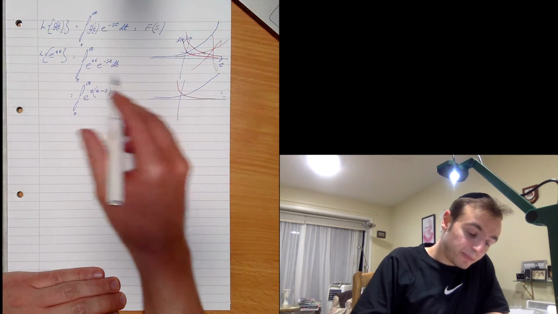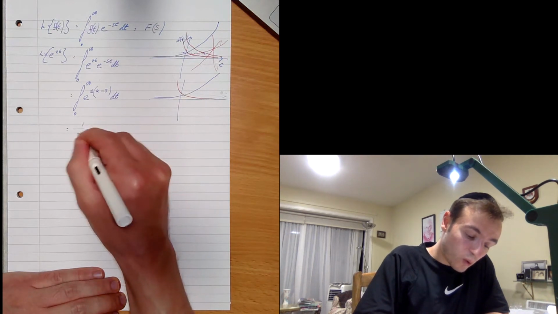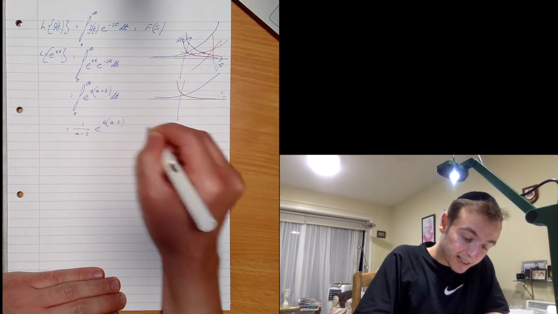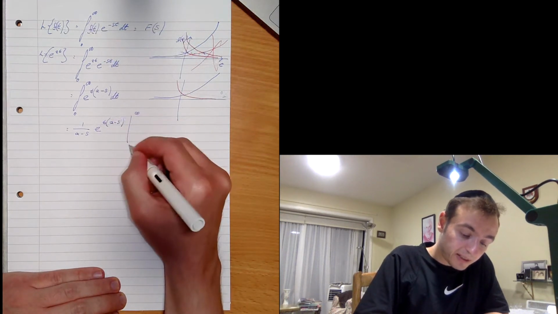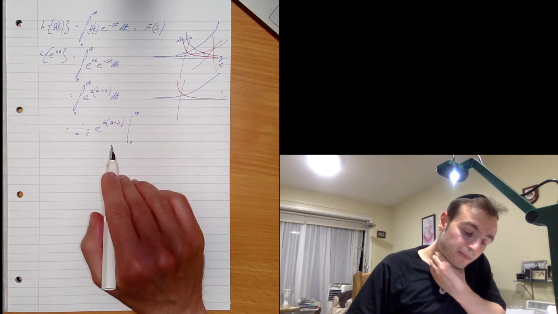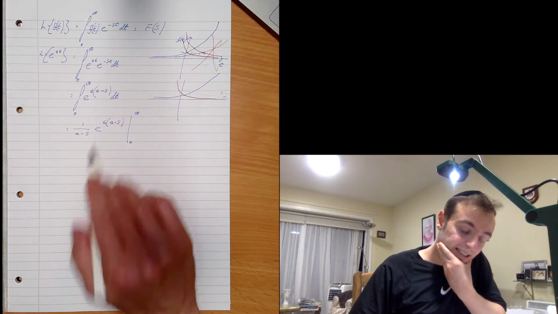And now let's actually perform the integral here. So that's simply going to be 1 over a minus s, e to the t times a minus s, evaluated between positive infinity and 0. Now, let's see what happens. How are we actually going to evaluate this at infinity and 0 here?